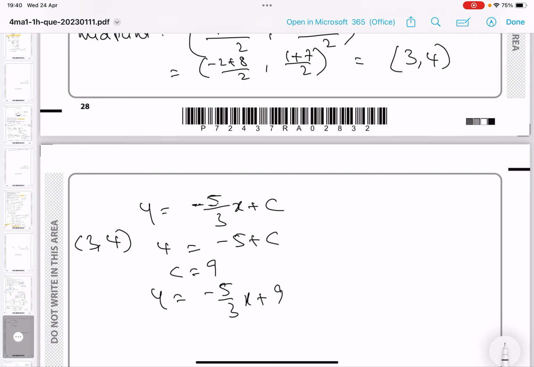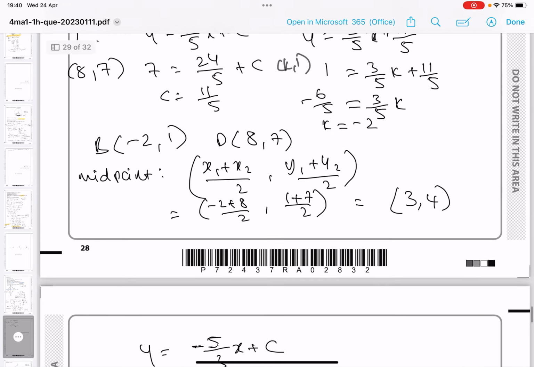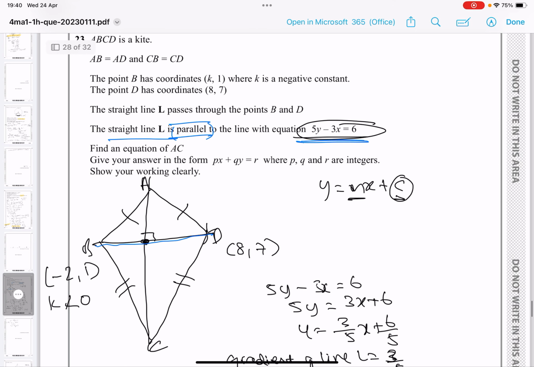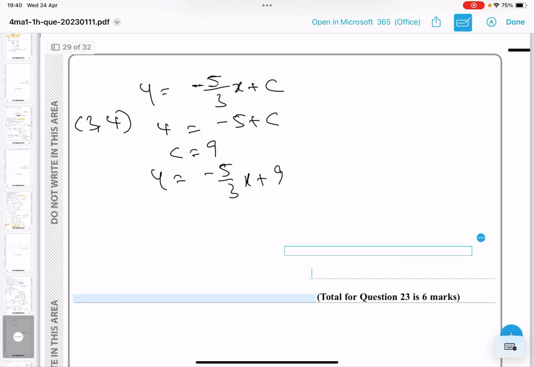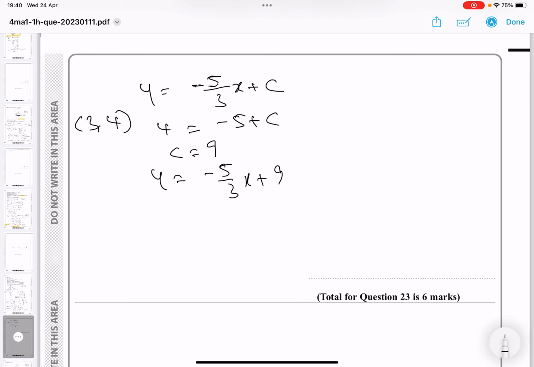So that's the equation of AC, but be careful, because you can lose a mark for this. What it says here is give your answer in the form px plus qy equals r. So now we need to rewrite this equation in that form. Let's multiply everything by 3. 3y equals minus 5x plus 9, and add 5x to both sides. 5x plus 3y equals 9.